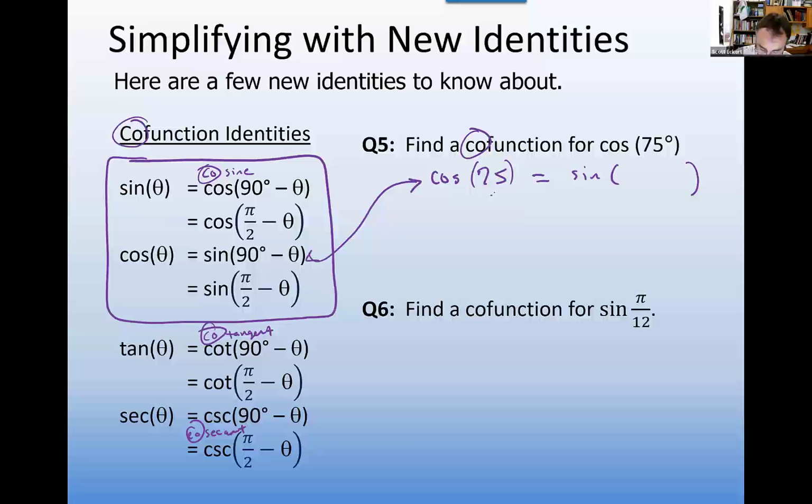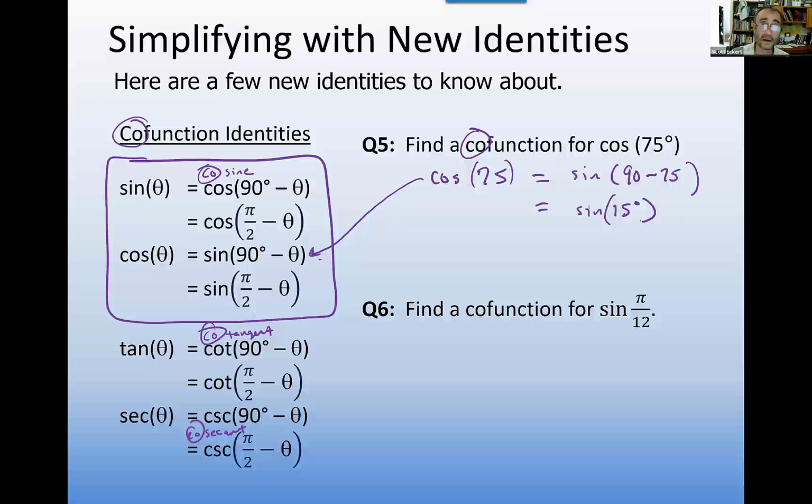We're going to use the 75, that's the theta, but we're going to plug it in down here. So it's going to be 90 minus the 75. That is the co-function. And if I simplify 90 minus 75, it's the sine of 15 degrees. Those two problems have the same answer. Notice they're off by 90. 75 plus 15 makes 90, so they're out of phase by 90 degrees.